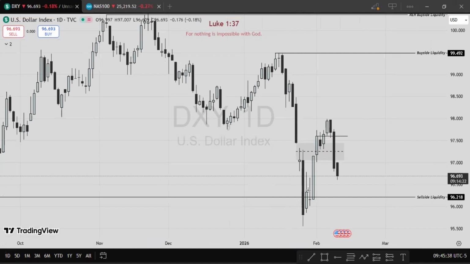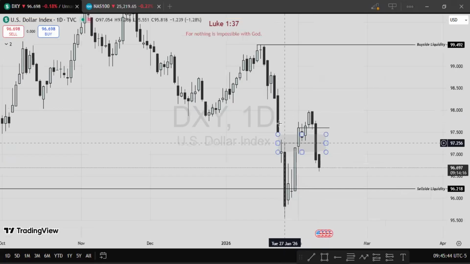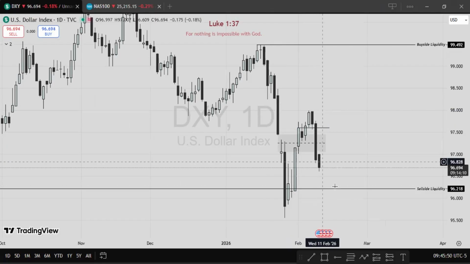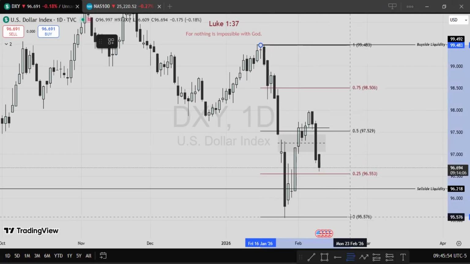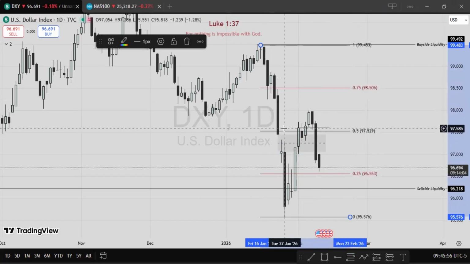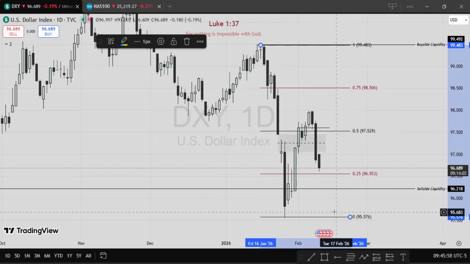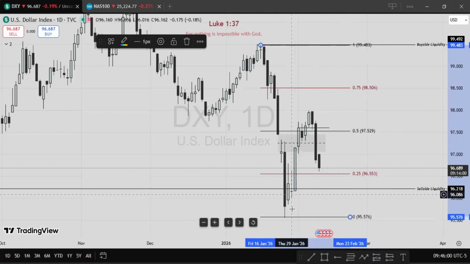I haven't seen the dollar index in some time now. So we can see that we did fill that gap, but we didn't push all the way until this high, and we are trading back lower. So we filled those, and now it looks like we're gonna come for these lows now.